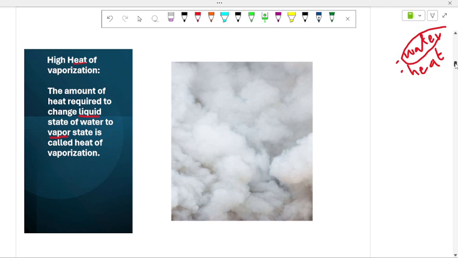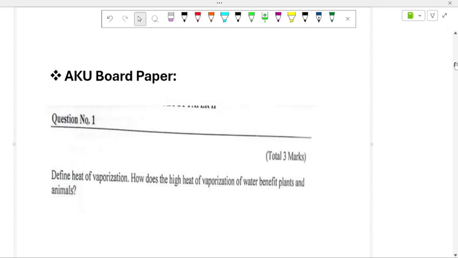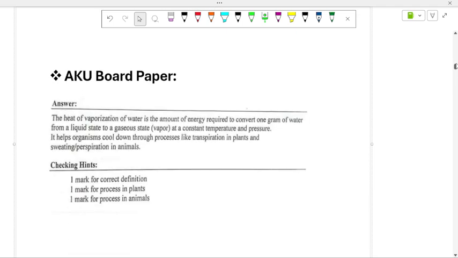We are learning some of the main concepts in biological molecules, which are topics of first year. Now there is a question over here: define heat of vaporization. How does heat of vaporization benefit plants and animals? So we will understand this.